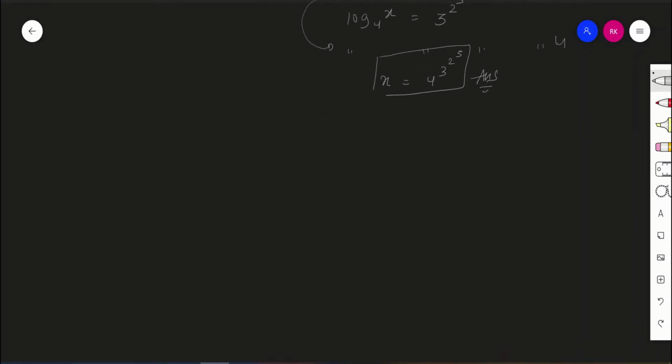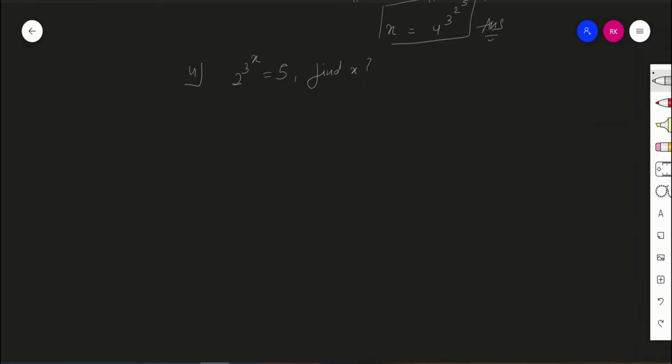For the next question, 2 raised to the power 3 raised to the power x is equal to 5. Then find x. In this one, we are going to take log on both the sides because the x is in exponential form, so we want it down.